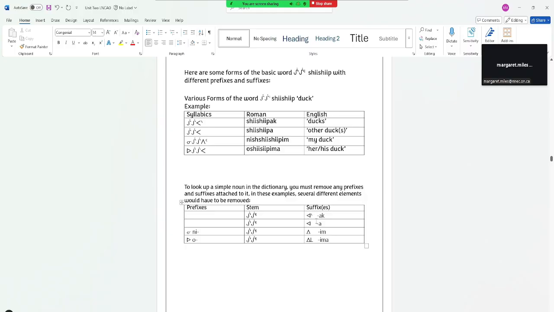Ak. And here is a, shishibak, shishiba, shishibim. So im. And the syllabic writing right next to it. Oshishibima, so ima. And that's how it would look in syllabics.